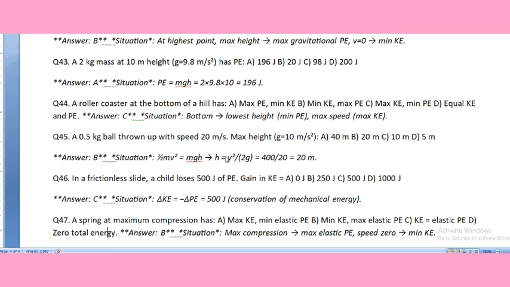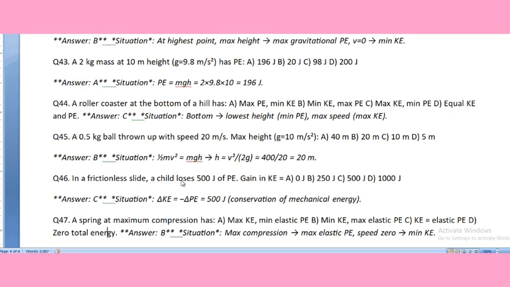From the given, height is equal to the square of velocity over 2 times gravitational field strength, which is equal to 400 over 20, which is equal to 20 meters. So the maximum height is 20 meters.